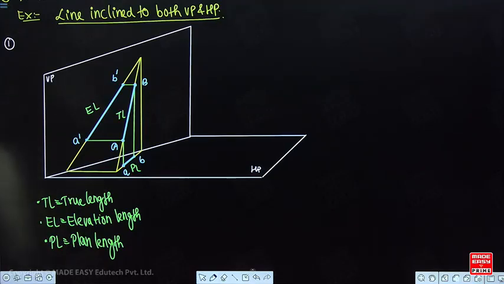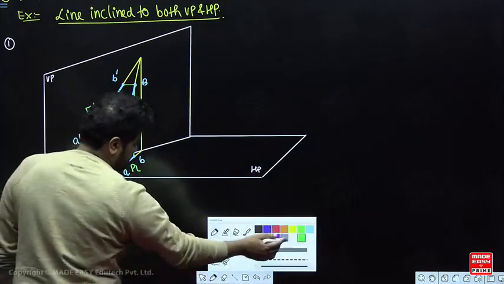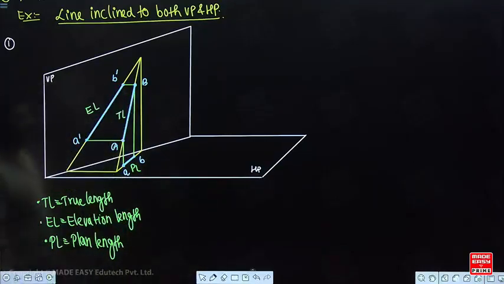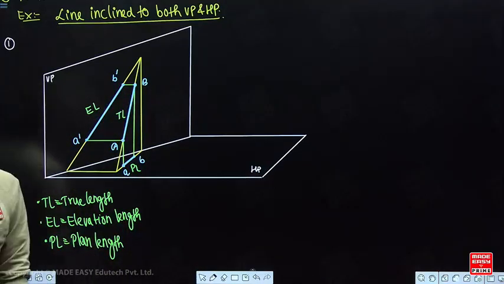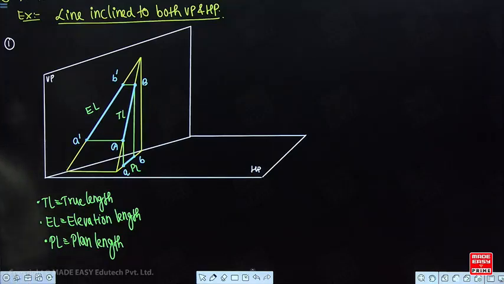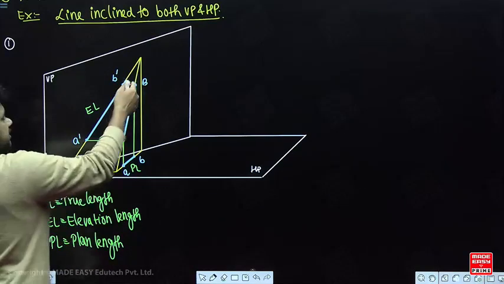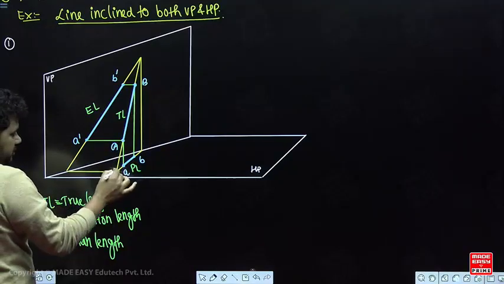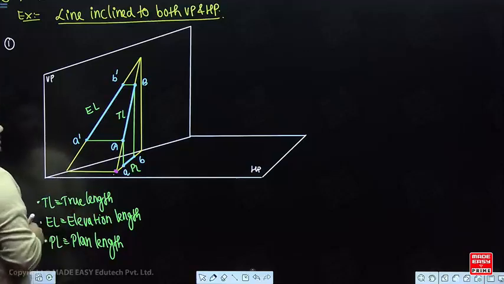Now let us understand what is the meaning of the trace from this particular figure. I said that what is trace? Trace is the point of intersection of line or its extension with either VP or HP. Means what? If you extend this AB line, थोड़ा पीछे लेके आओगे, it is going to intersect HP over here, isn't it? So this point is called as trace.